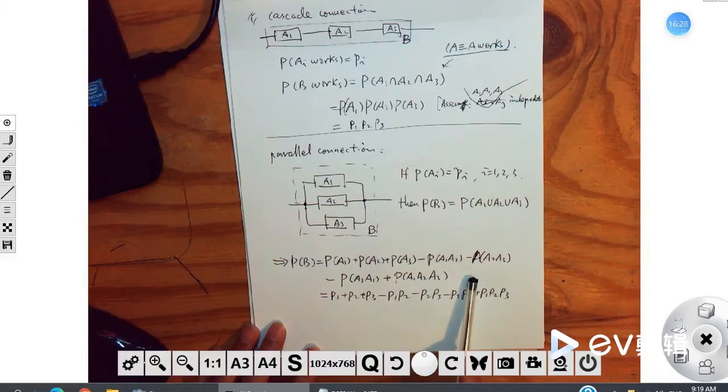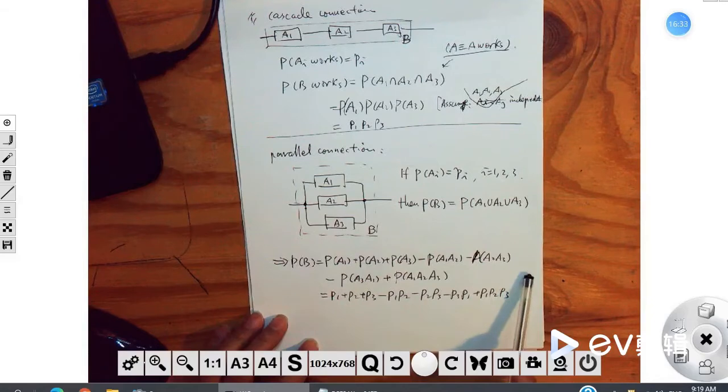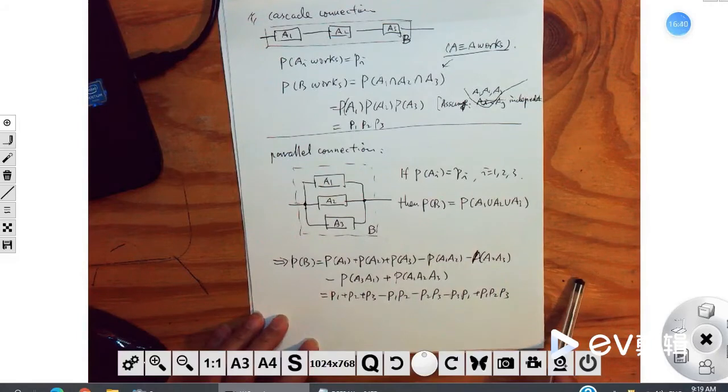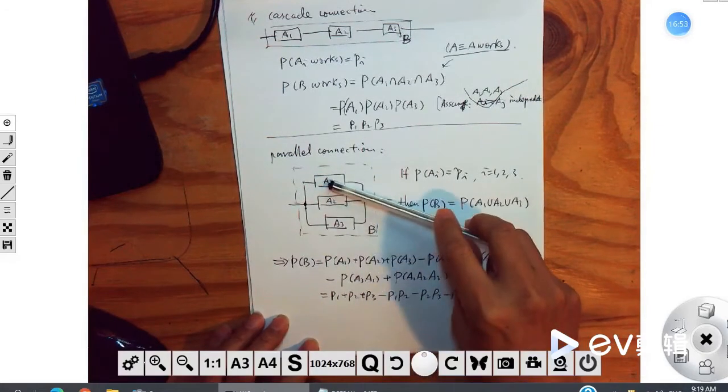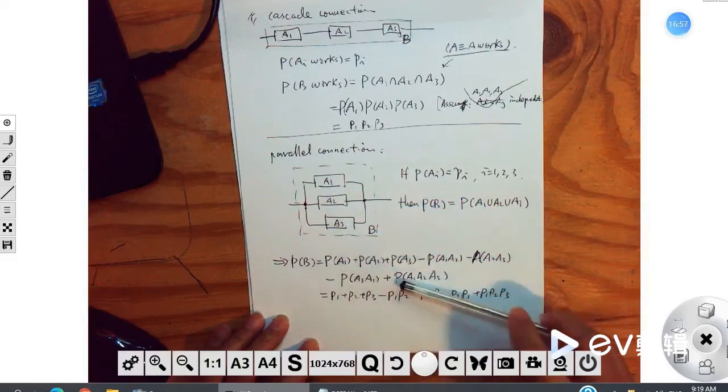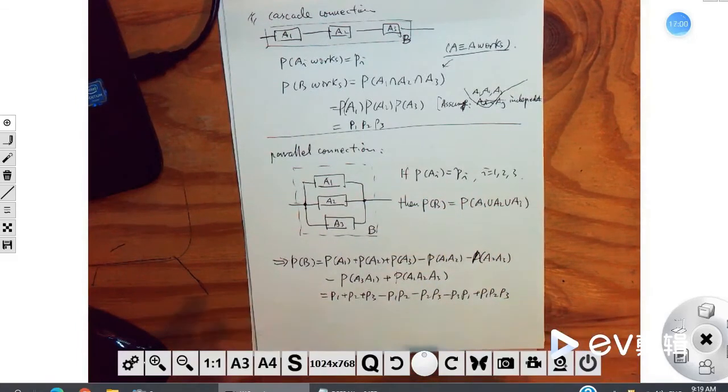Because you have more, you need to keep working on minus the probability of any 4 of them, and then plus all the probability of 5 of them. Then minus, plus, minus, plus, you do the thing until the last one will be, suppose you have 10, 10 of them multiplied together. That will be very long.